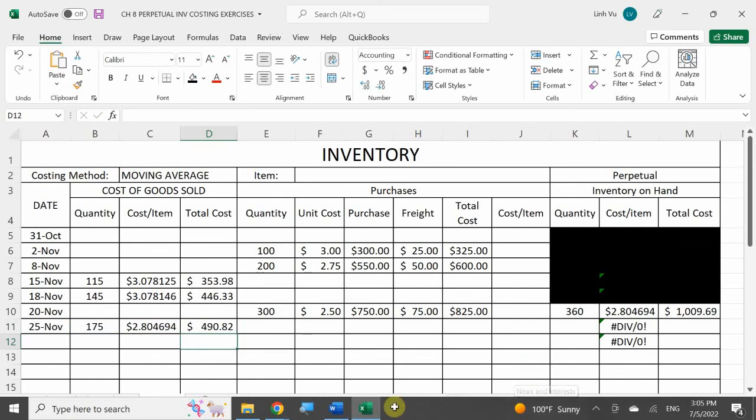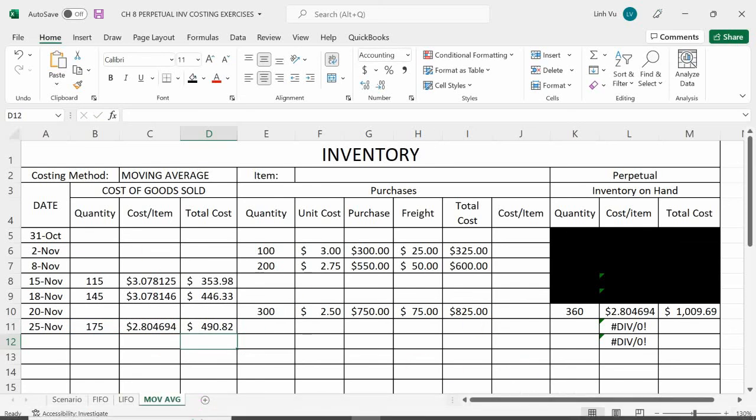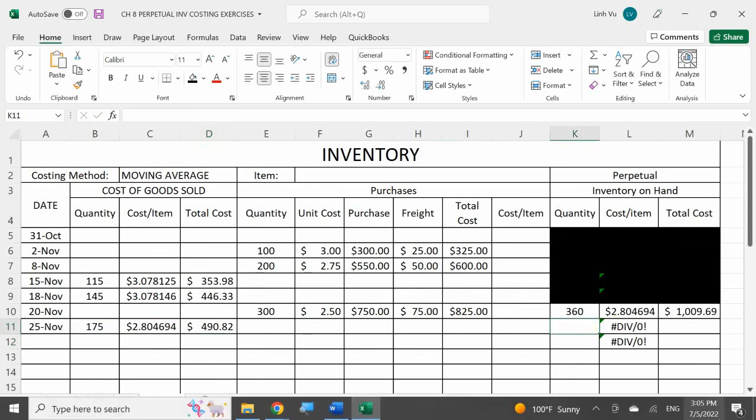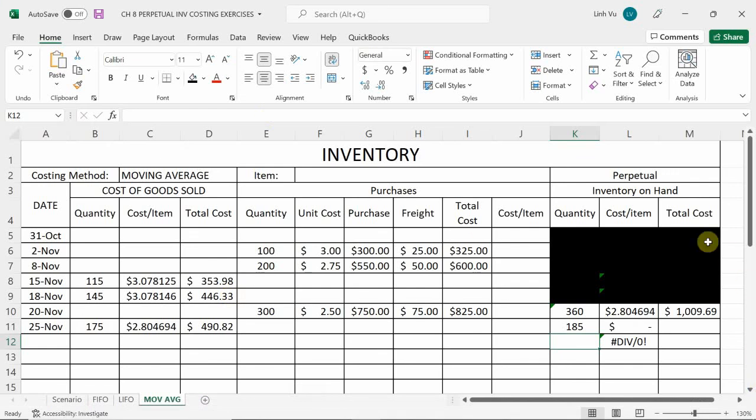Now we take this number and update my inventory. I started out with 360 and just sold 175 units, so I should have 185 left.